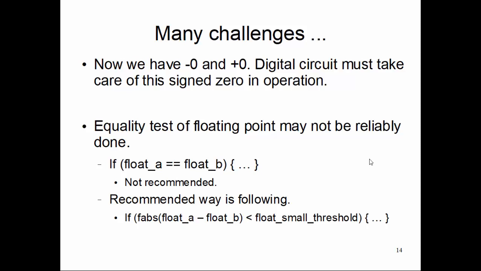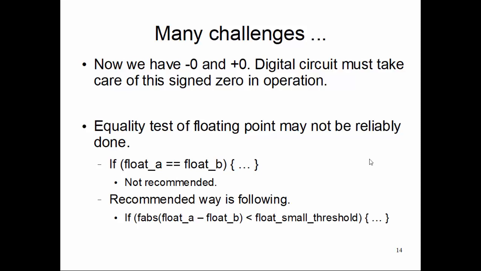If there are two floating point variables, float A and float B, and you are trying to test equality of them, equals is not recommended, because it might happen that float A and float B come from various different floating point operations, and by your algorithm they're supposed to be the same, but the exact bit level representation may vary from one another, because remember they are all approximations, and rounding errors can accumulate around that.